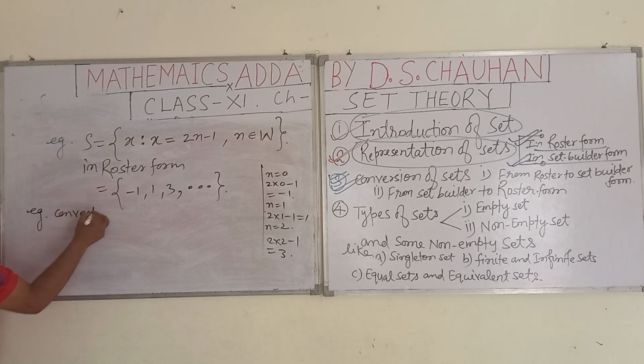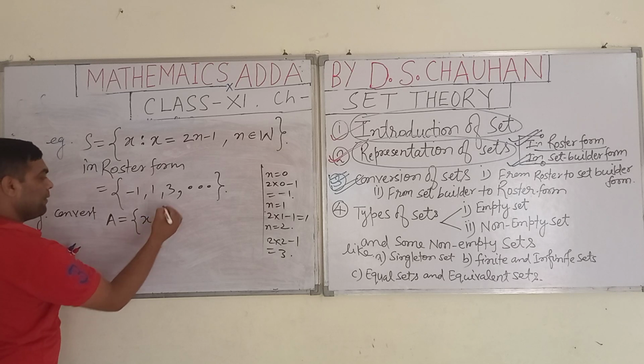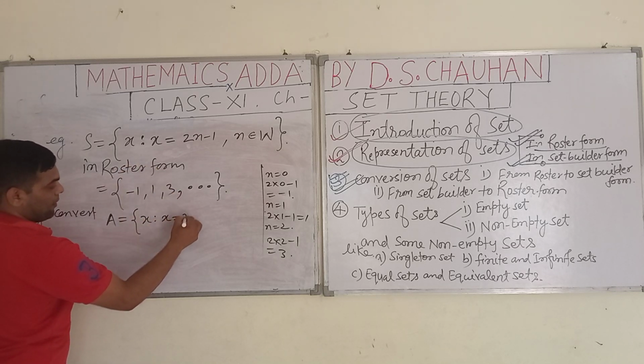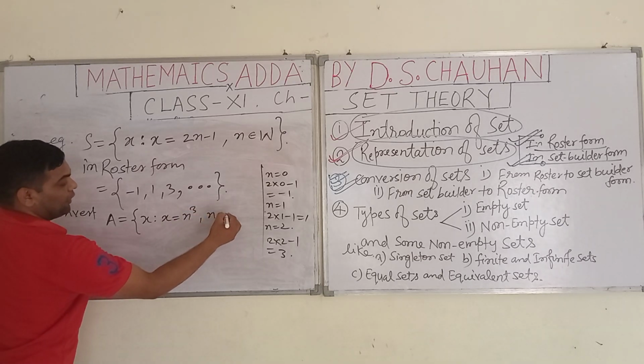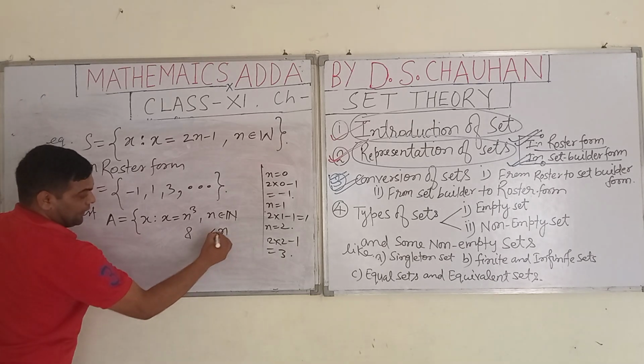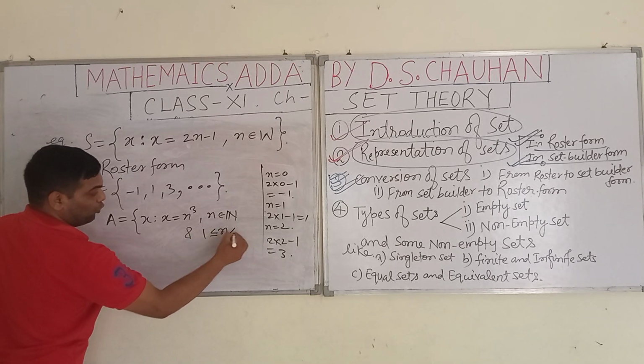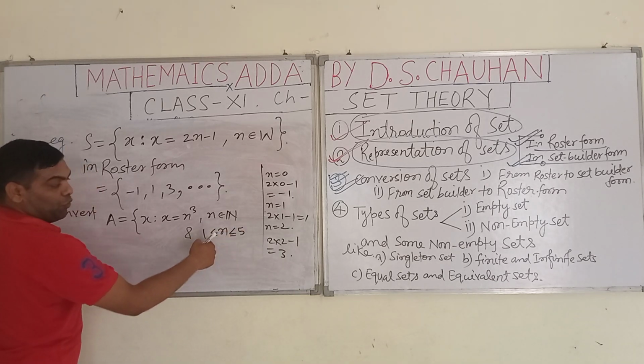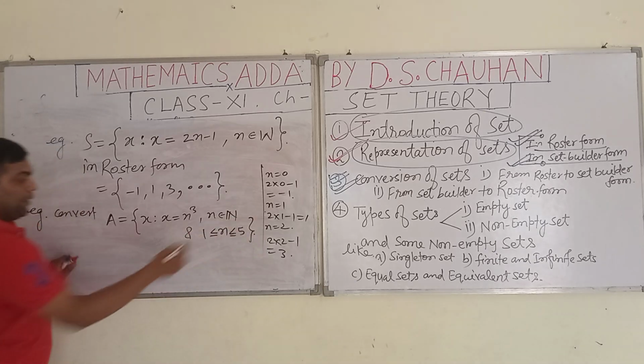convert A, which is here x such that x equal to n cube, where n belongs to the natural numbers and n can take the values from 1 to 5, including 1 and 5.